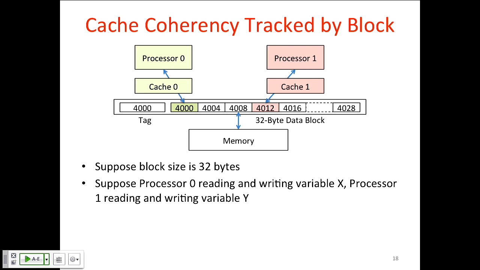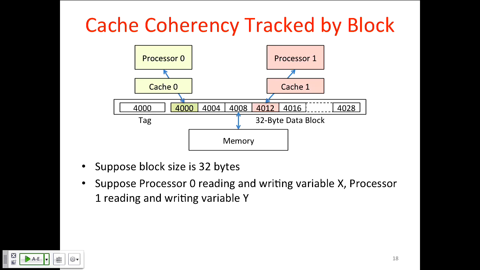Now let's imagine this processor is running a program, a thread, some task, that's accessing this variable at location 4000. This processor is running a different task that's accessing memory at location 4012. Those are two different words in memory, but they live on the same cache line. They just happen to map into the same cache line.